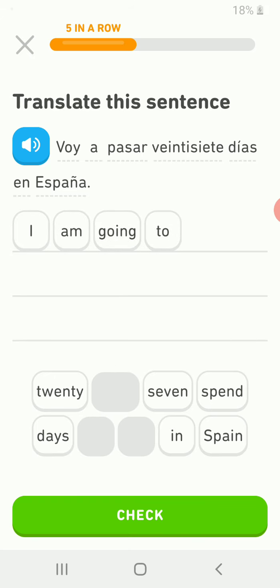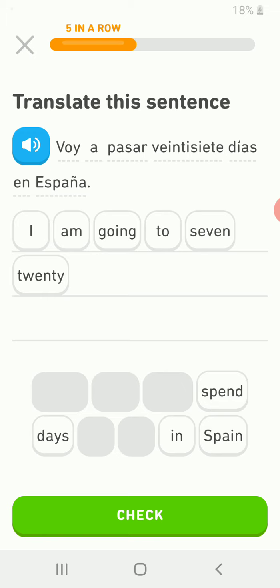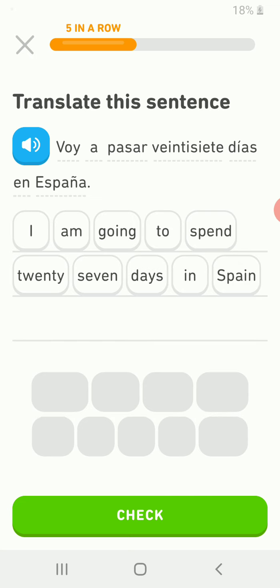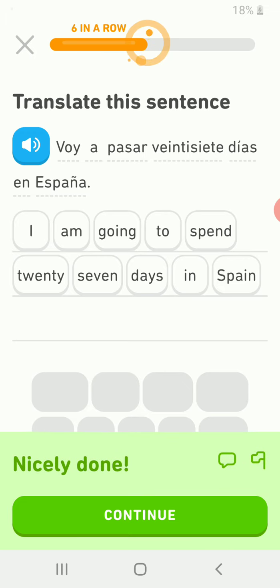I'm going to spend 27. 26 is 26. 27, sorry. I am going to spend 27. 6 it's 6, but 27 it's 27 days in Spanish. I'm sorry about that. Voy a pasar 27 días en España. I'm going to spend 27 days in Spain.